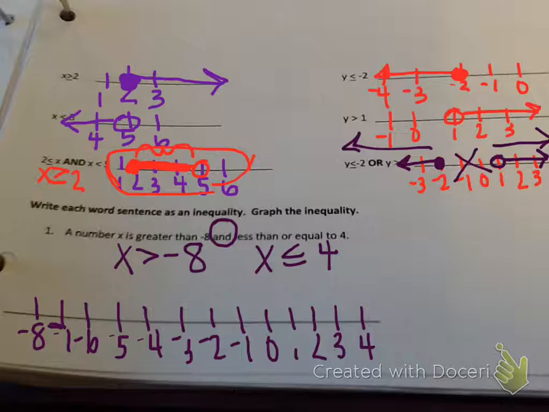And it looks like we have an open dot and greater than, and we have a closed dot and less than, and they meet in the middle.